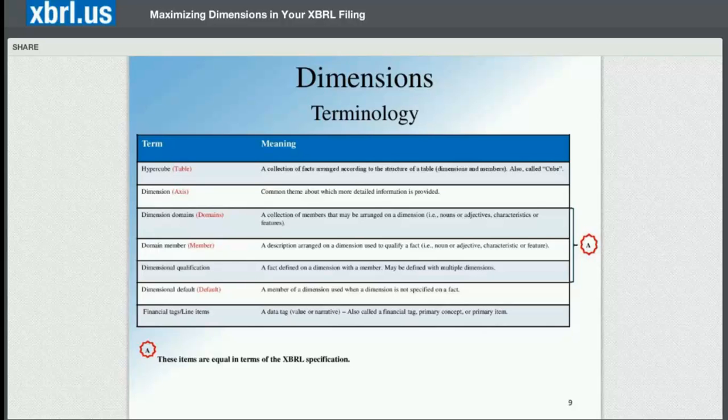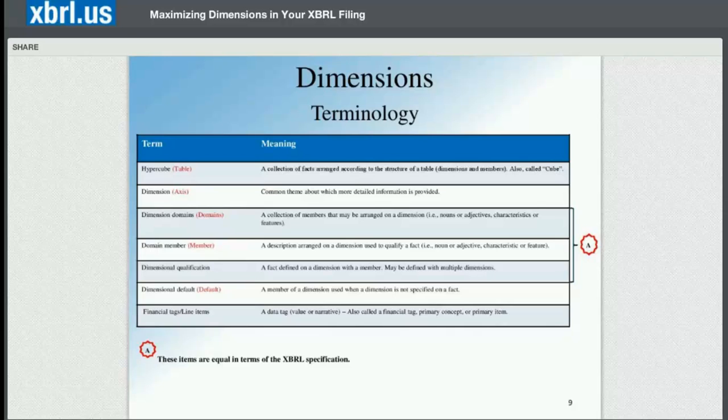From an architectural standpoint, the US GAAP taxonomy, your own extension taxonomy, everything in it is a dimension, and the taxonomy itself, the entire taxonomy, is one very large hypercube. So for instance, your financial tags, primary concepts, line items, which are all synonymous, they are a dimension in and of themselves.